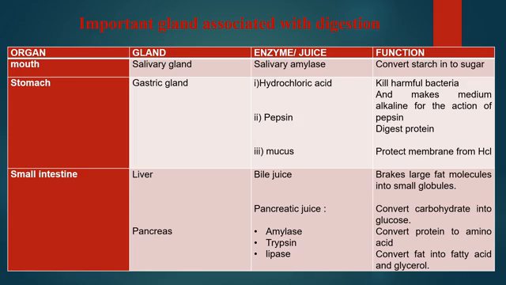And the small intestine is the site of complete digestion of protein, carbohydrate, and fats. The inner lining of the small intestine has small villi which help increase the food absorption area.